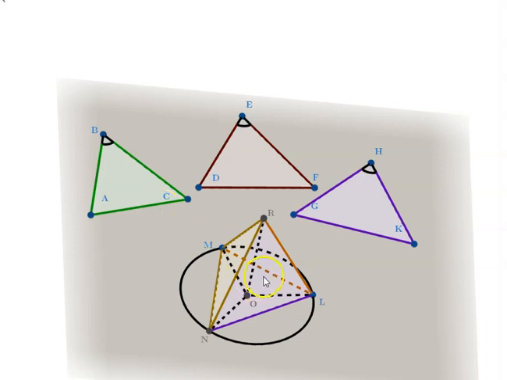Because of that congruency, we can say angle ABC is equal to LRM. Similarly, we can show that angle DEF is equal to MRN, and angle GHK is equal to NRL.